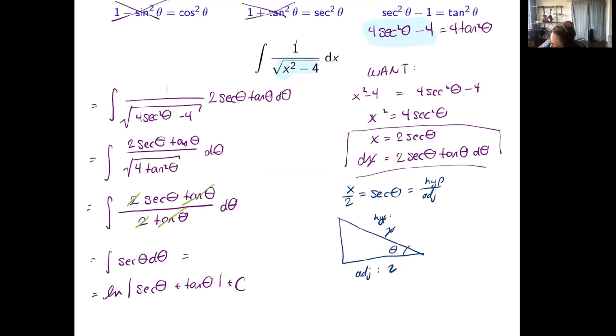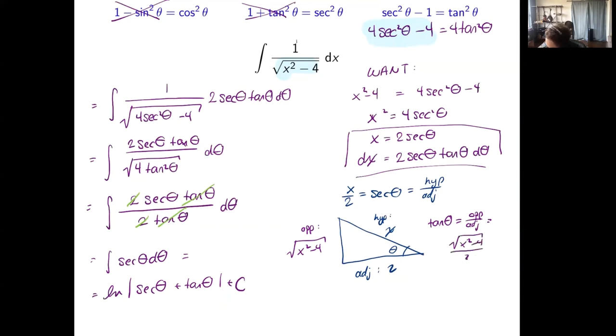So in order to find the opposite, I'm going to use the Pythagorean theorem. The opposite side is going to have measure square root of x squared minus 4. So that tells me that the tangent of theta, which is opposite over adjacent, is the square root of x squared minus 4 divided by 2.